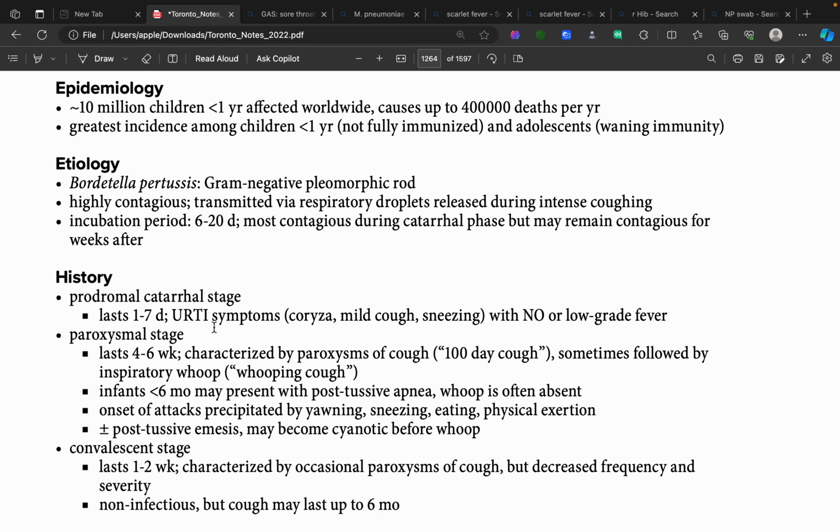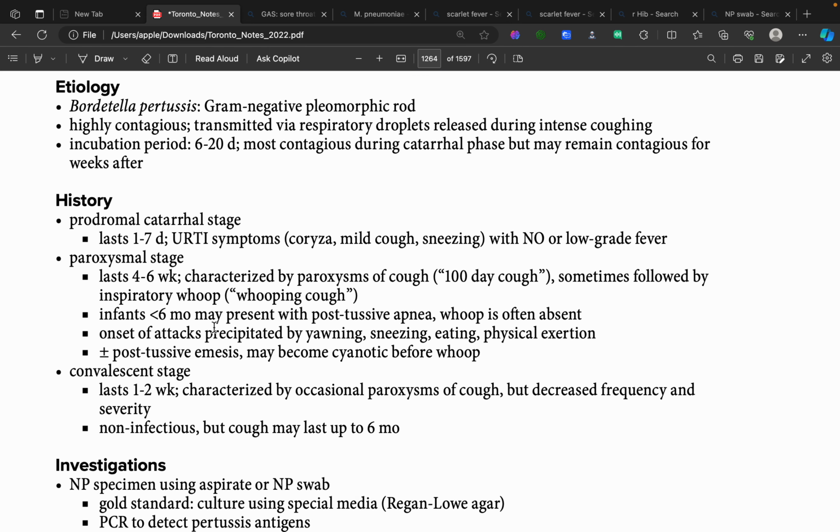So the clinical manifestations: the prodromal catarrhal stage lasts from 1 to 7 days, with upper respiratory tract infection, mild cough, sneezing, coryza, and no or low-grade fever.